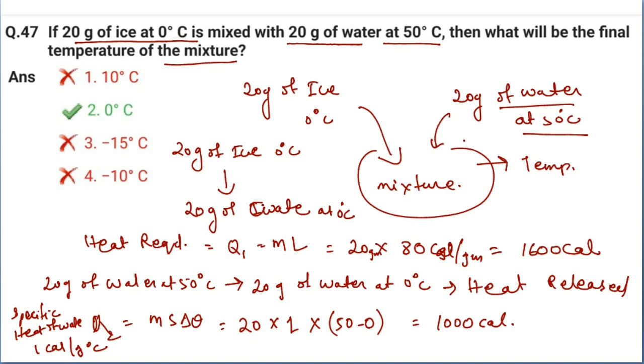Okay. The ice doesn't gain any temperature greater than 0 degree. So the final temperature of the mixture is equal to 0 degree Celsius. That is option 2, the correct one, because 1000 calorie is less than 1600 calorie.